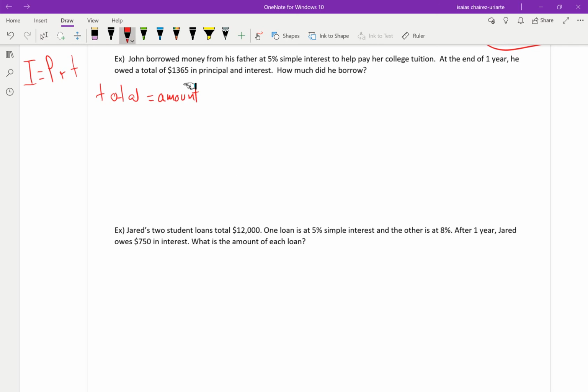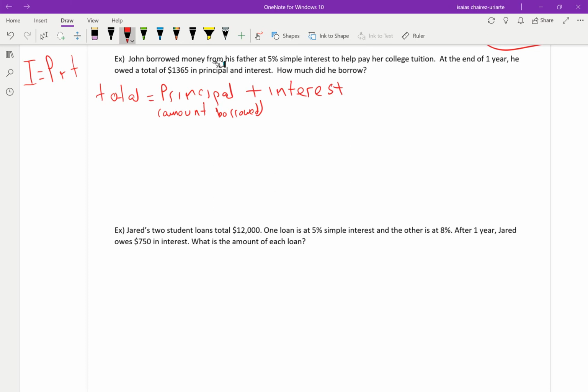Well, let's just call it principal because that's what it is. So the total amount, the 1,365, is going to be equal to the principal. The principal is the amount borrowed. You can think about it like that. Plus any interest.